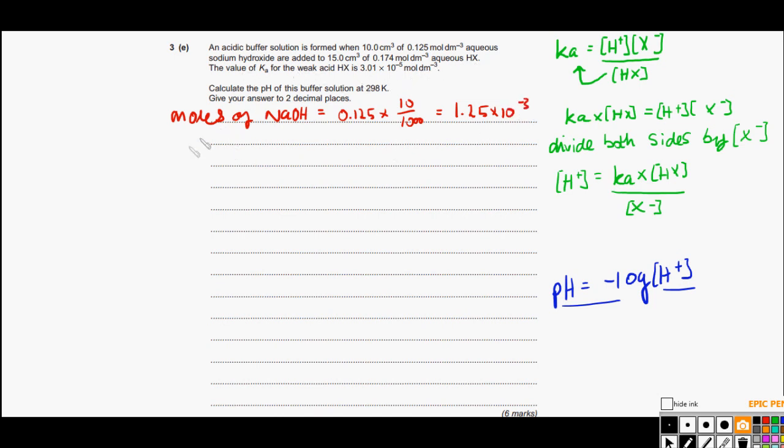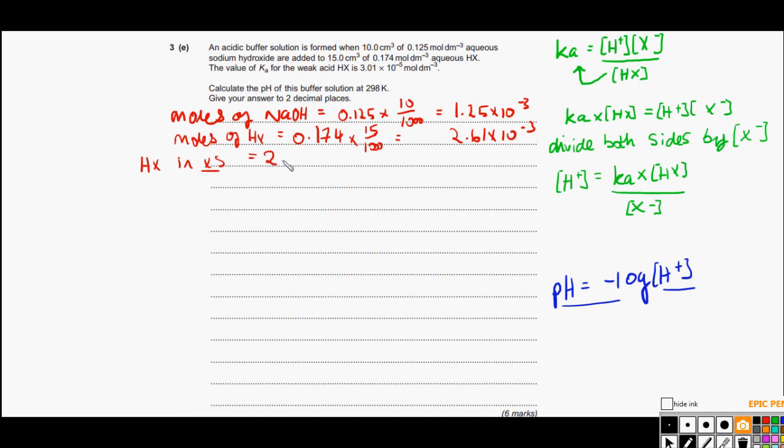And then we can calculate the moles of HX, and that's equal to 0.174 times 15 over 1000, which is 2.61 × 10⁻³. Notice that we have an excess of HX, so we also need to calculate the moles of HX in excess, abbreviating excess as xs.